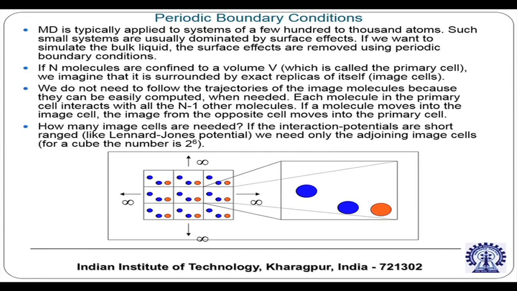If n molecules are confined to a volume V, we imagine that it is surrounded by exact replicas of itself. We do not need to follow trajectories of the image molecules because they can be easily computed when needed. Each molecule in the primary cell interacts with all the n minus 1 other molecules. If a molecule moves into the image cell, the image from the opposite cell moves into the primary cell.